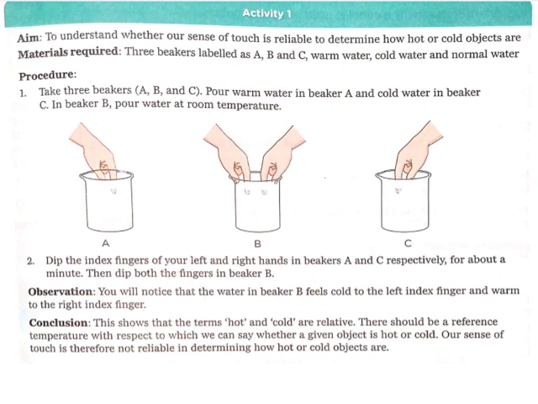There should be a reference temperature with respect to which we can say whether a given object is hot or cold. Our sense of touch is therefore not reliable in determining how hot or cold objects are. Students, do this activity to understand that hot and cold are relative.